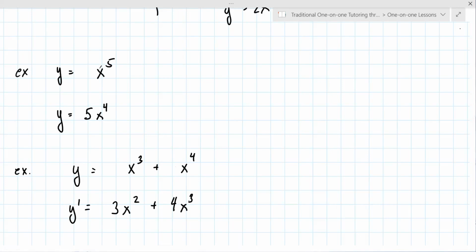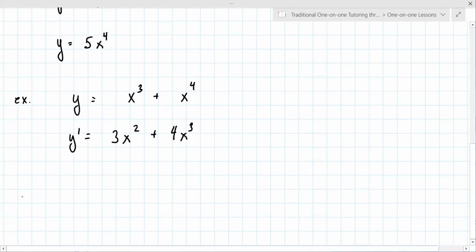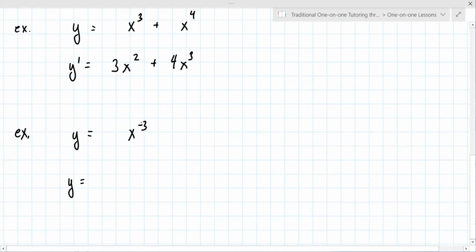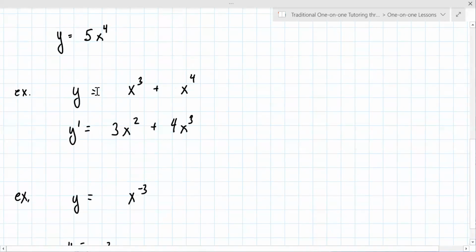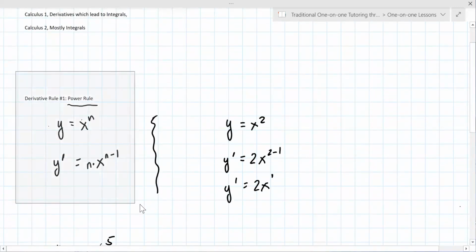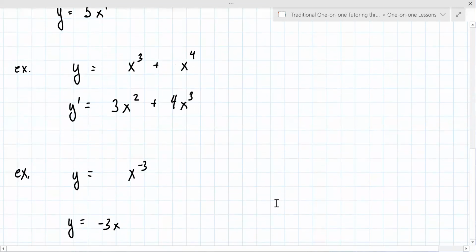Great. So now we can do this with negative exponents. Let's say y equals x to the minus 3. The derivative is you bring this number down, minus 3x, but you're subtracting 1, so the power is negative 4.